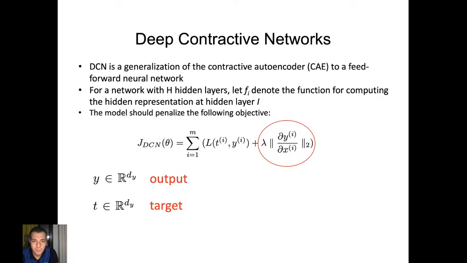This seems to be quite expensive, since the formula applies to every hidden layer i. They also show in the paper, though it's not included in the slides, a way to approximate this objective on the whole network, so you don't need to do it for every layer.